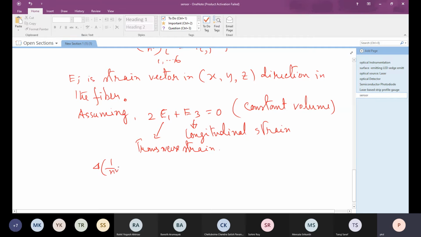Delta 1 by n square 1 becomes equal to delta 1 by n square 2 equal to P11 plus P12 into epsilon 1 plus P12 into epsilon 3.